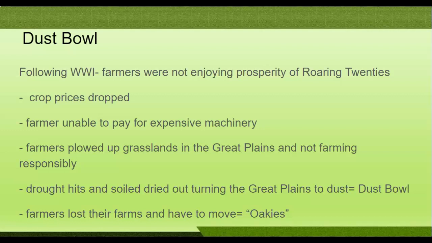Another problem is the farmers just kept planting the same crops over and over and over, and they weren't doing what we call rotating. So just changing the crops. Maybe one year they're planting corn and the next year they're planting wheat or barley. That damages the soil if you're planting the same crops over and over.